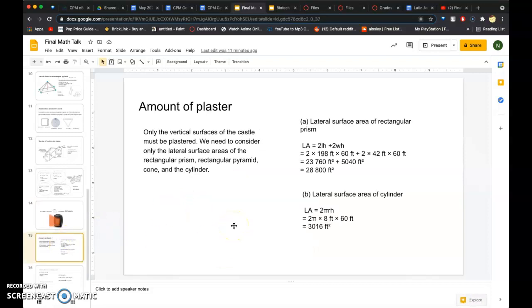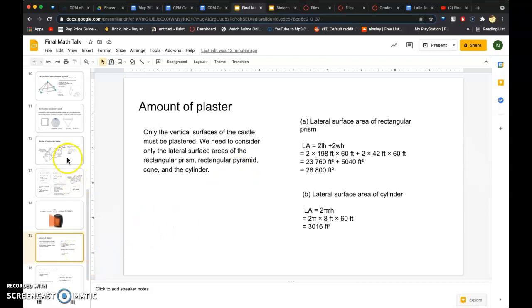So for the amount of plaster, we only need the vertical surfaces of the castle that must be plastered. That includes the roof and the sides of the castle. So we only need to consider the lateral surface areas of the rectangular prism, the rectangular pyramid, the cone, and the cylinder.